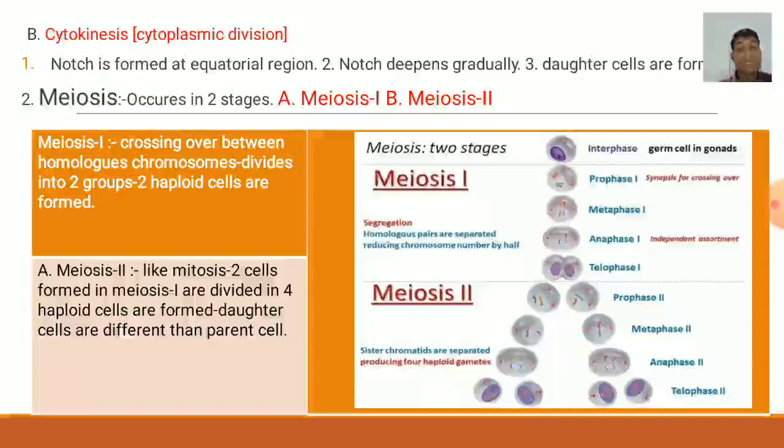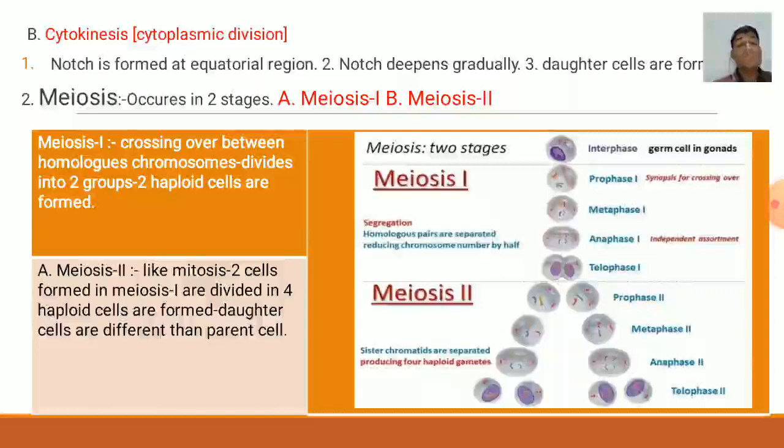Then meiosis second. Meiosis second is just like mitosis. In this stage, the two haploid daughter cells formed in meiosis first undergo division by separation of recombinant sister chromatids, and four haploid daughter cells are formed.